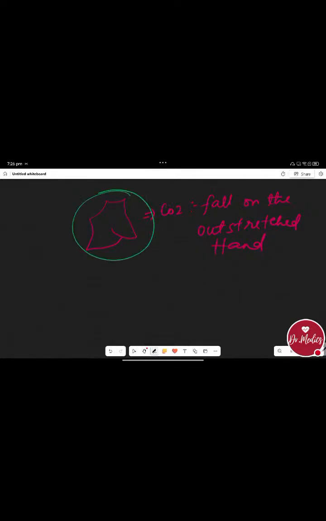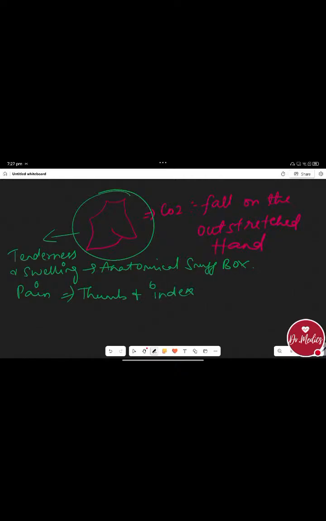Fracture in the scaphoid causes tenderness and swelling in the anatomical snuff box. Pain in the thumb and index finger.